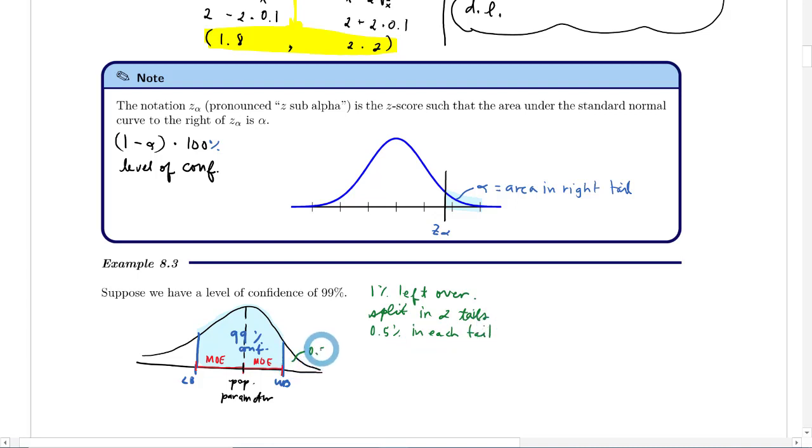So this would be 0.5% and this would be 0.5%, right? And so that's what it looks like. So if we look at the area in the right tail, notice that it's going to be half, right? Or whatever is left over.